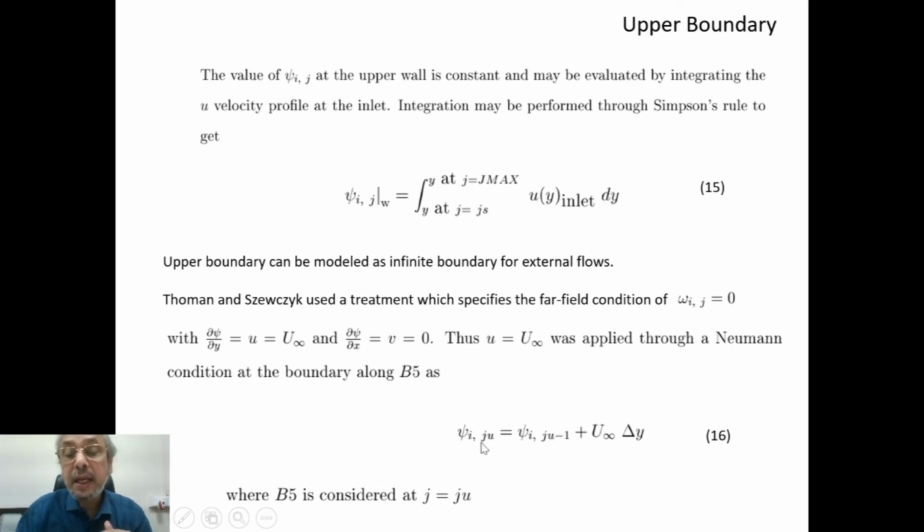So psi I,Ju equal to psi I,Ju minus 1 plus u∞ into delta y. Here delta x, delta y are the same, but for generality I have written delta y in equation 16, where B5 is considered at j equal to Ju. What I said is that the topmost boundary is at j equal to Ju.